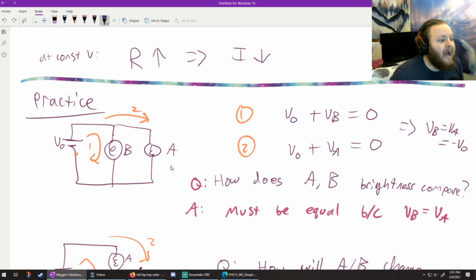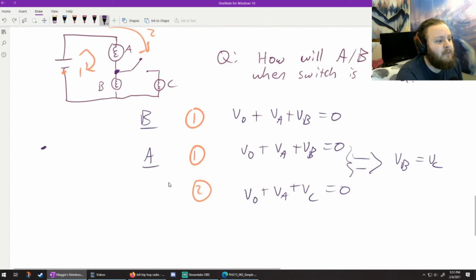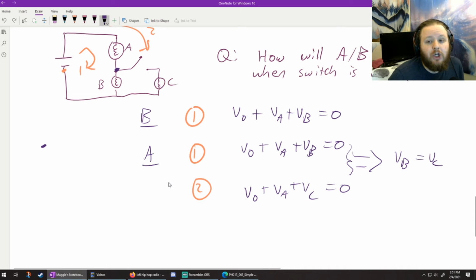So what I know as just a correspondence is that as I add elements in parallel, the current from the battery needs to increase, essentially, because I'm changing the total amount of resistance that the battery sees in the circuit, meaning it can output more current for the same potential difference. That's kind of nice.